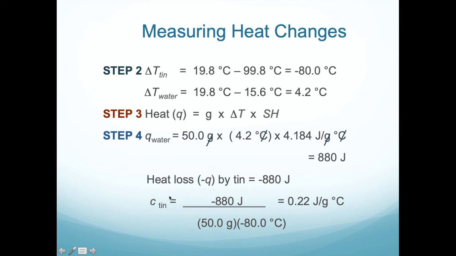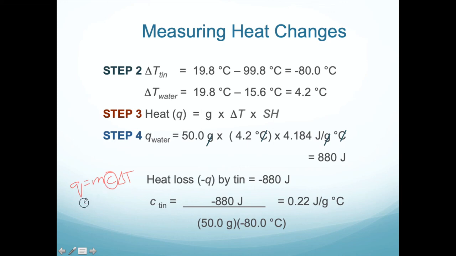So if you have the formula Q is equal to mc delta T, and we want to solve for the specific heat capacity of tin, we have to divide by mass and change in temperature. So we take our Q, which is negative 880 joules, and divide by our mass of 50 grams and our change in temperature for tin of negative 80 degrees Celsius.